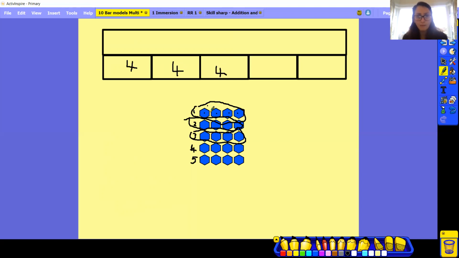So again, we've got another lot of 4, another lot of 4, and then we have another lot of 4. So counting our 4s, 4, 8, 12, 16, 20. So our whole equals 20.